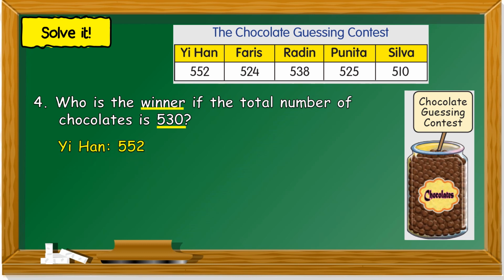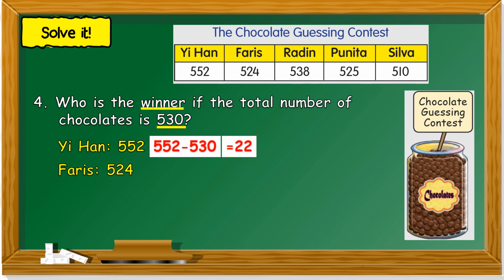We look at Yihan. Yihan has 552. So we get 552 minus 530. Tolak. We get 22. How about Faris? Faris has 524.